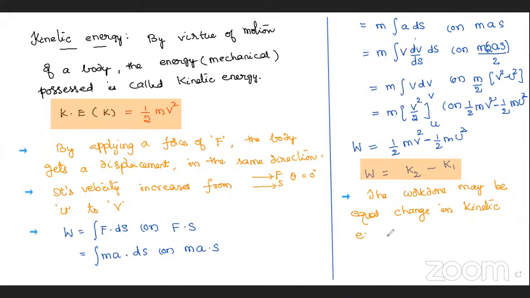Yes, this statement is also correct. And one more you can say: the work done is equal to change in kinetic energy, whether you go with integration or without integration. Observe here, you got the same answer.